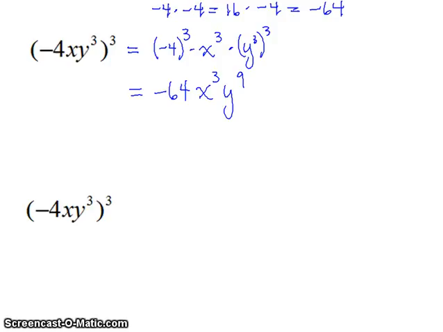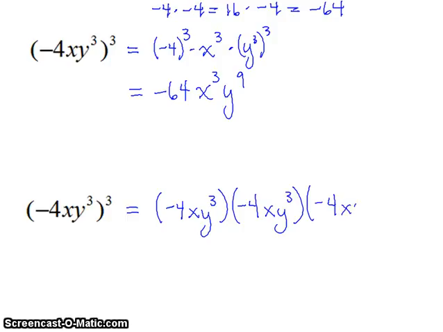Okay, another way you might want to look at this is just repeating what's inside here 3 times. Negative 4 x y to the third times negative 4 x y to the third times negative 4 x y to the third.